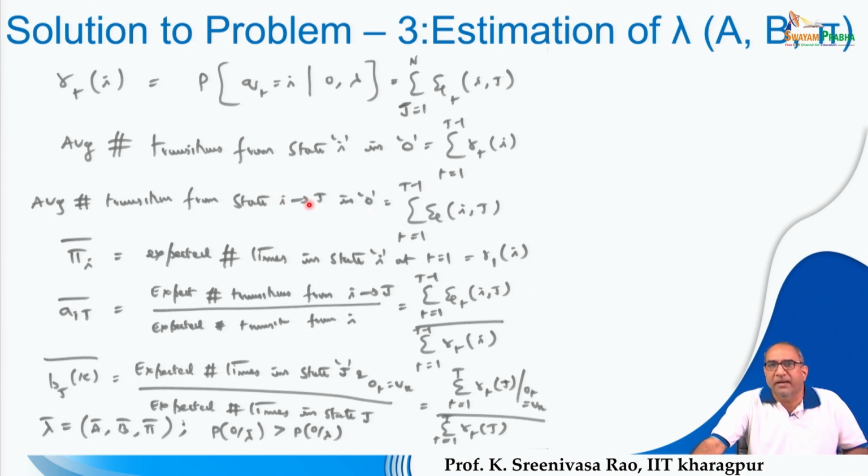It means that it is a pair, we are trying to compute all possible pairs of transitions i to j in the observation sequence. Again in the same way, the i to j transitions can be captured by using eta of i j. So, eta t of i j where t varies from 1 to T minus 1. If you sum up all of them, then you get the average number of transitions from i to j, right.